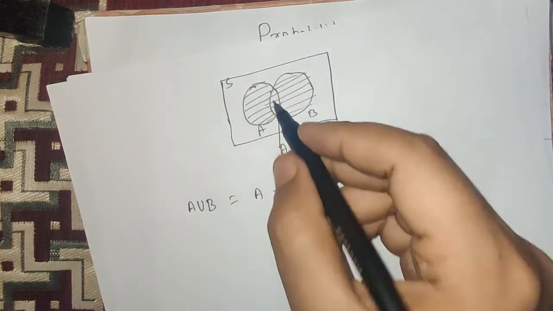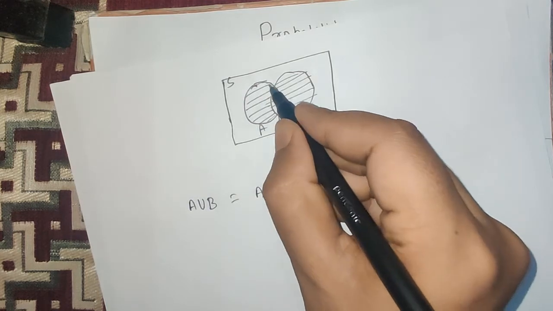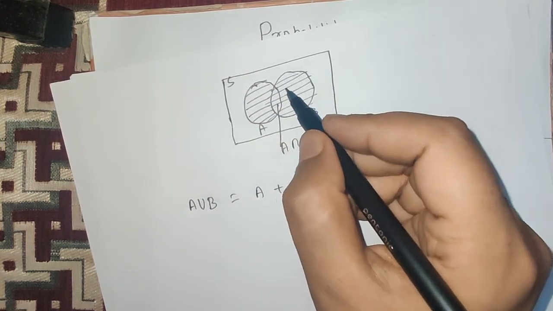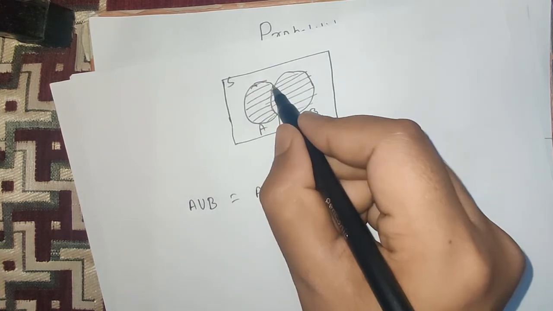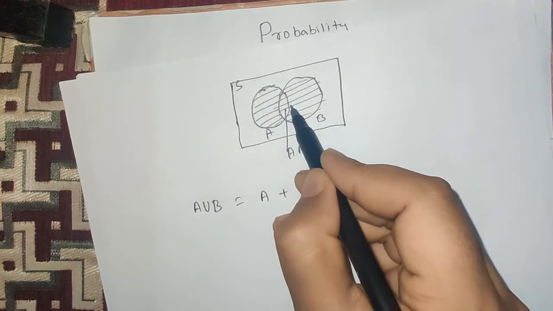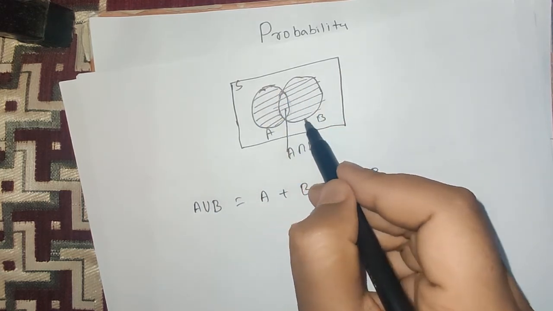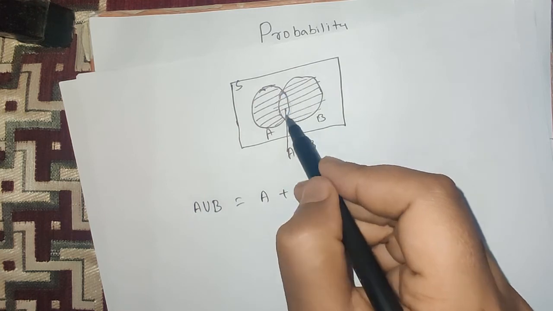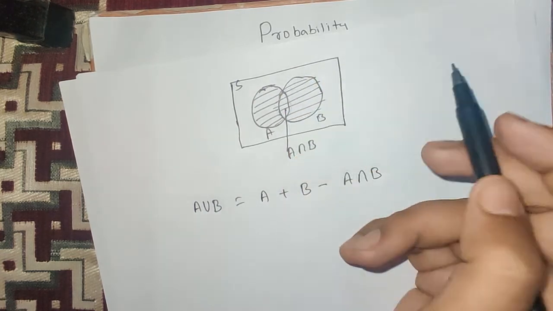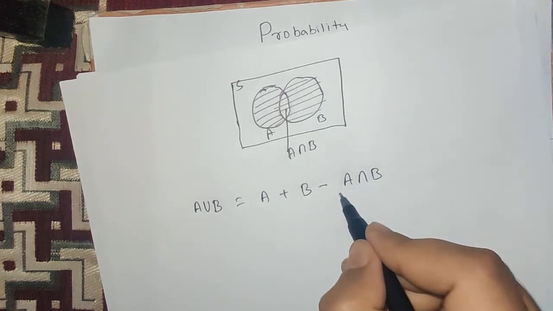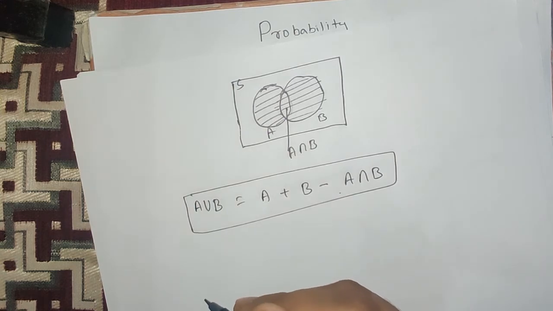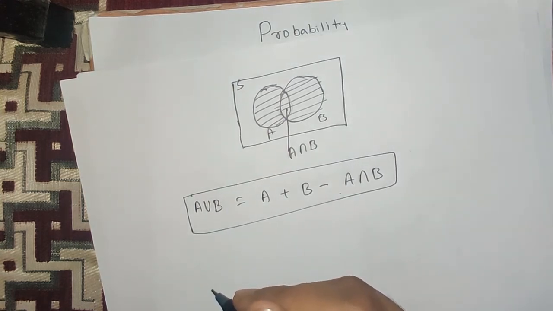For A union B, it is the summation of A and B, but here you can see that this part is added twice. First we have added it in A, second we have added it in B. So this one is already added in A and we are adding it again in B, so we subtract A intersection B. This is the relation between union and intersection.